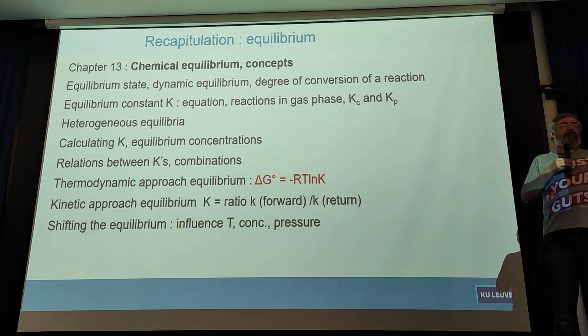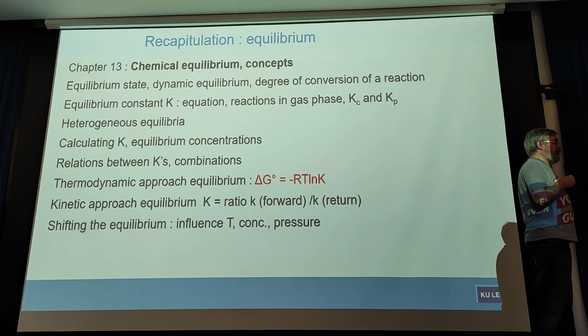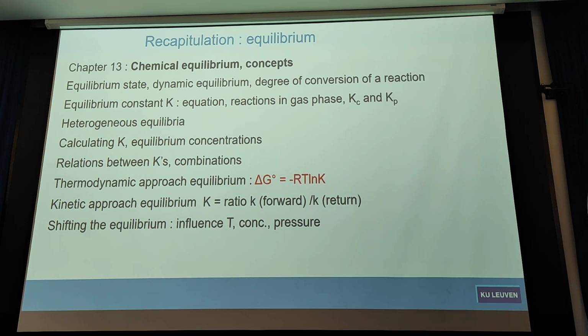By adding up reactions, we can also make a new K, then we use either the product or the ratio of the K, and we might also have an exponent based on the amount of reactions that we combine together. We saw a few examples.